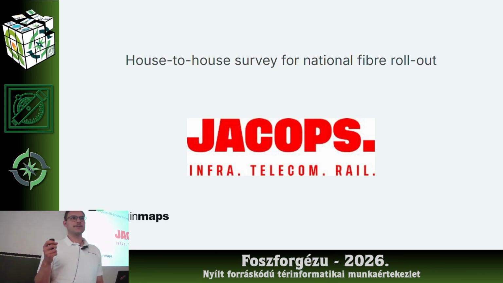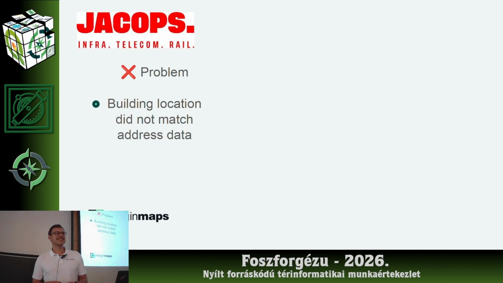What was needed beforehand was to ensure that the data on where the houses and buildings are physically located and the information on the addresses of these houses needed to match. Unfortunately, they did not match. So they needed to do a house-to-house survey and correct this data before they could do any kind of fiber rollout.